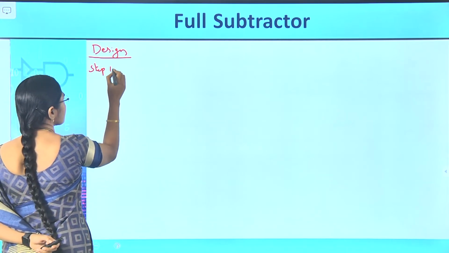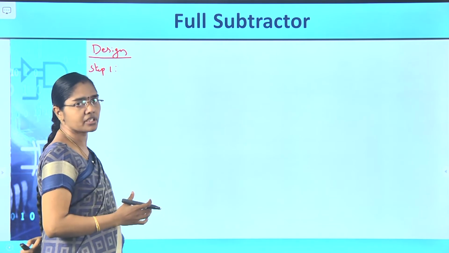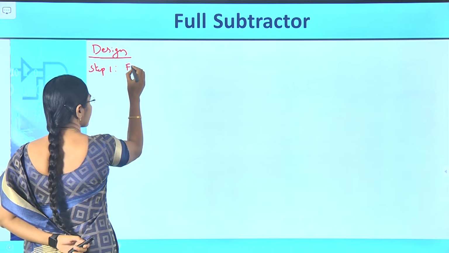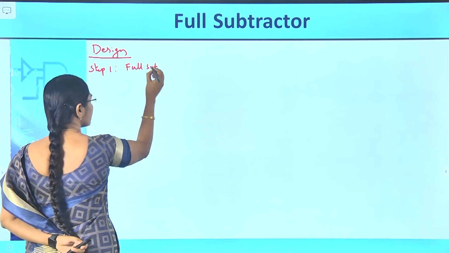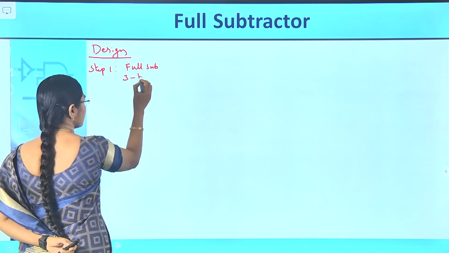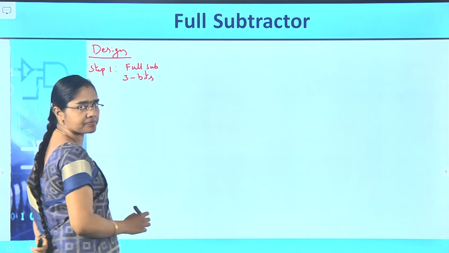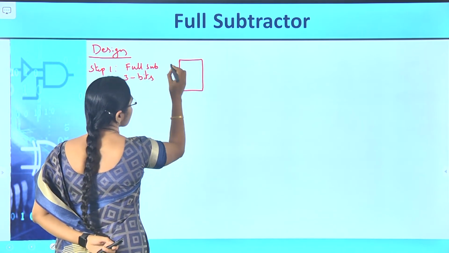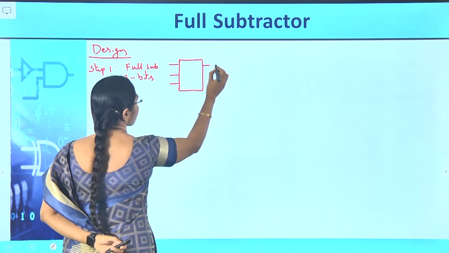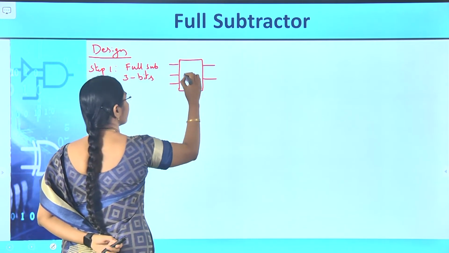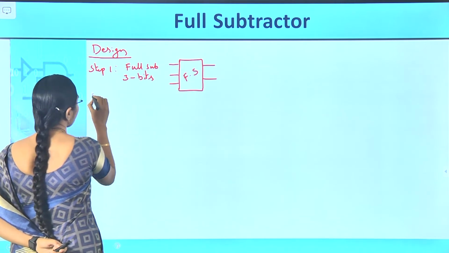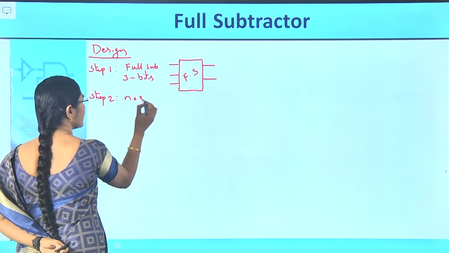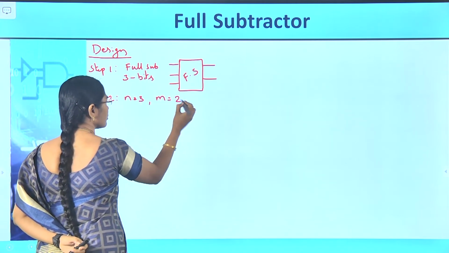The first step is writing the verbal statement of the problem: a subtractor which subtracts 3 bits at a time, with a block diagram of 3 inputs and 2 outputs. Step 2 is finding the number of inputs and the number of outputs.